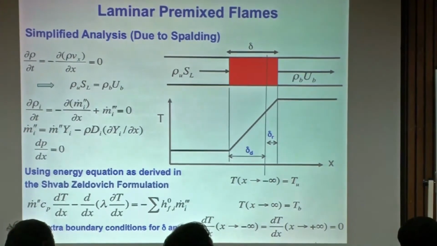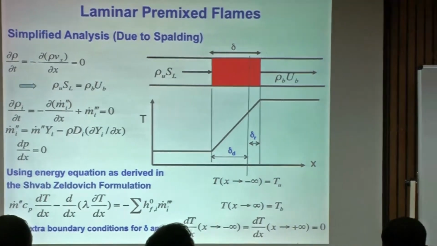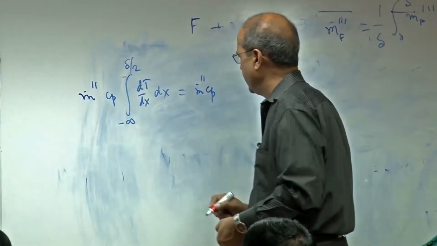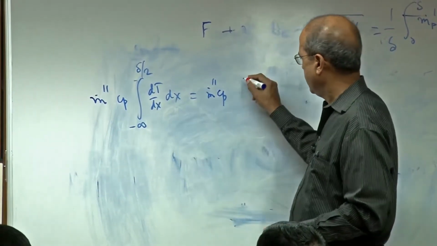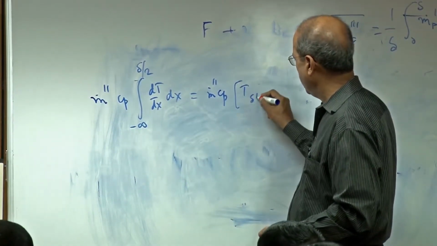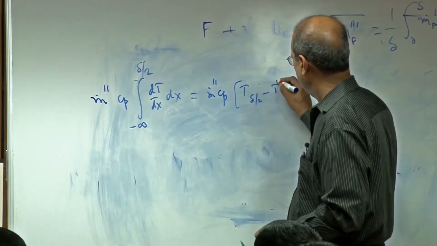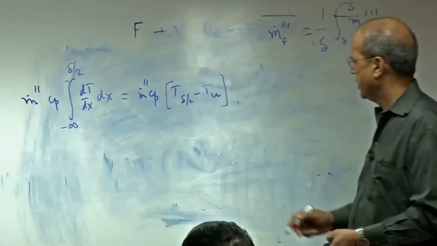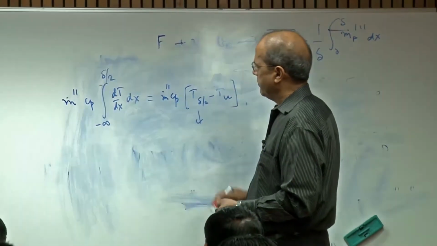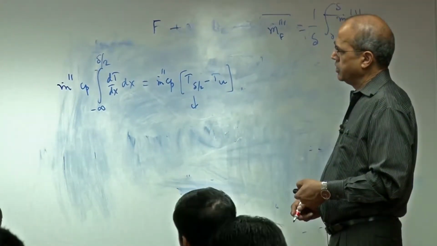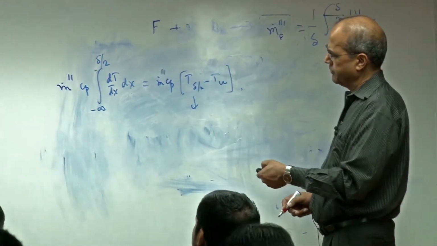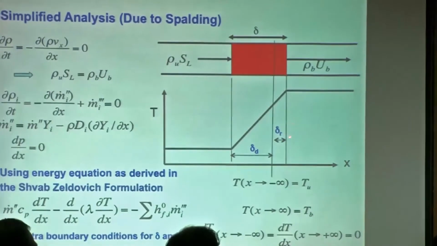So anyway, this term will be T at delta over 2 minus Tu, correct? Now, Spalding used a very drastic assumption that the temperature varies linearly.